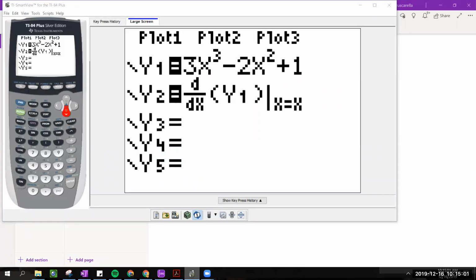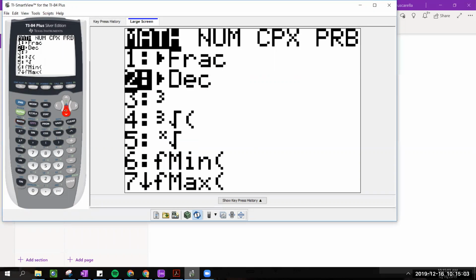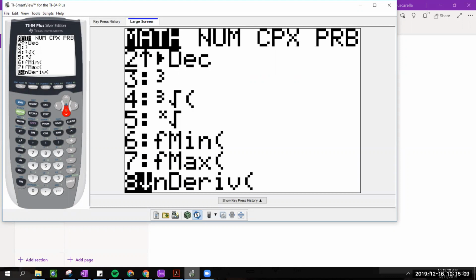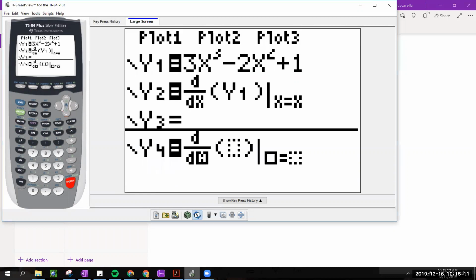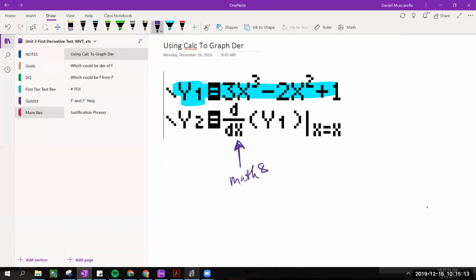So yeah, you just hit the math button, and then number 8 is the one that does the derivative. And the trick with that one is that after you input that, you've got to make sure you put x equals x instead of x equals a number. So right here on the end, you're just going to type x equals x.